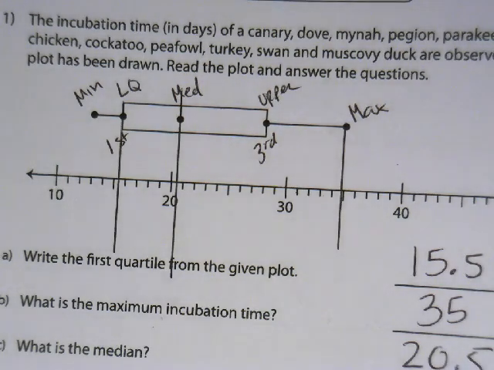What's another word for least number? Minimum. Least number is minimum. There's no decimals on this one, you said? Yeah, I think there's a decimal on the last one. On the last one, there's a decimal. On upper quartile or maximum?